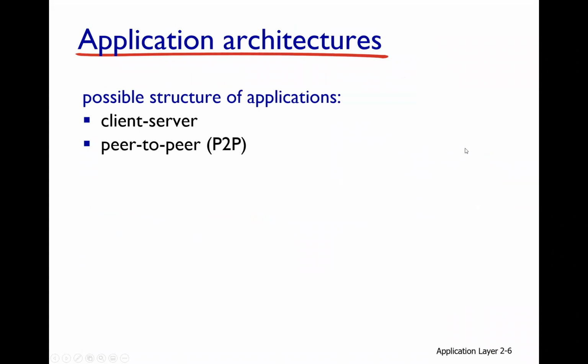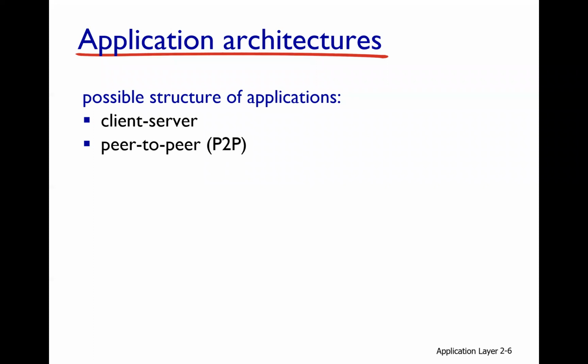There are, generally speaking, two structures for an application. So programmers at this point don't need to worry about the network. They only need to worry about how the end systems work with each other. For client-server architecture, the server is an always-on host, which will provide information and respond to requests by the client.